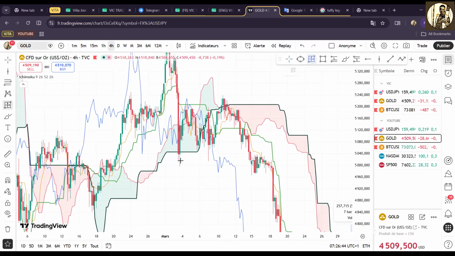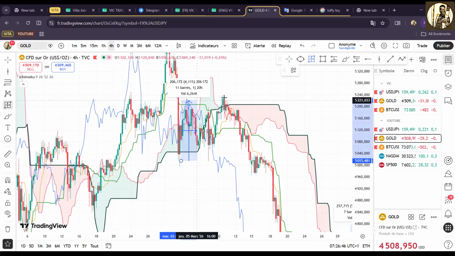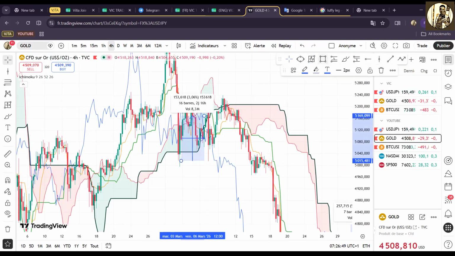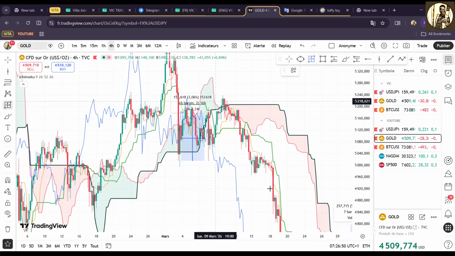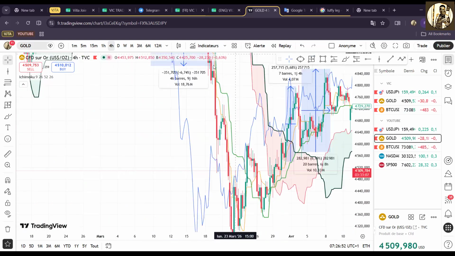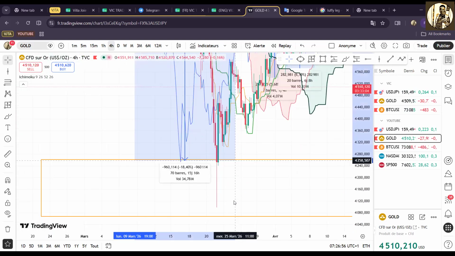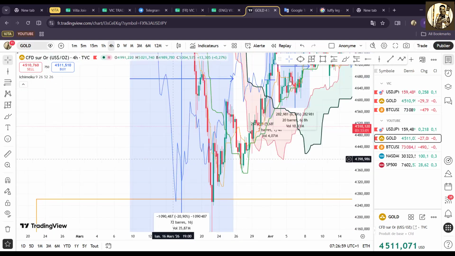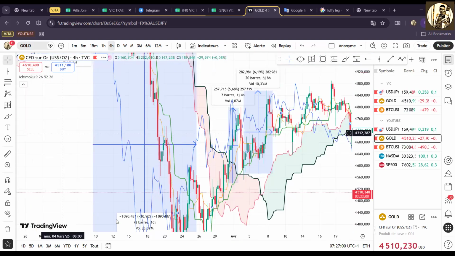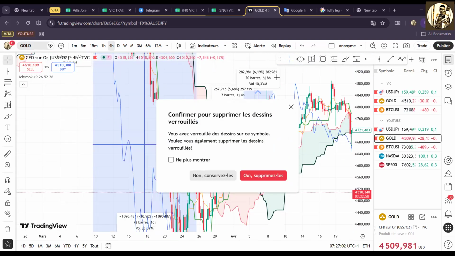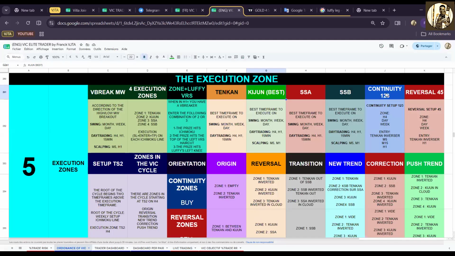But it doesn't mean that it is not good. It's also a good thing. For example, this SSB to the downside, when the market embedded itself, gave like 1 million pips, right? So it's also a good line, SSB.